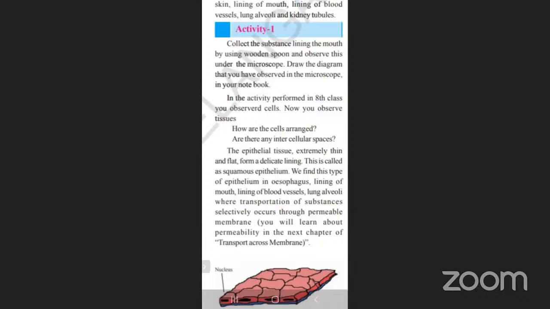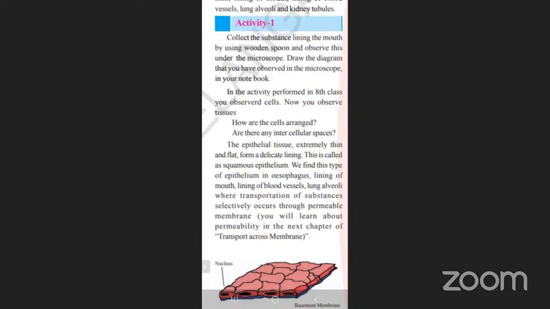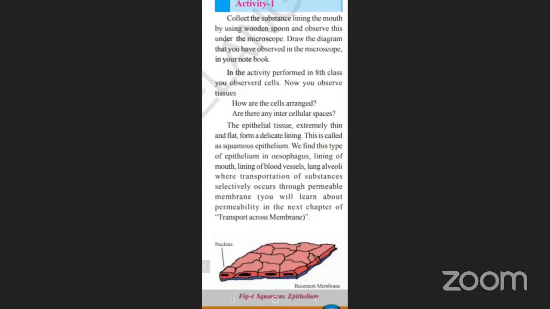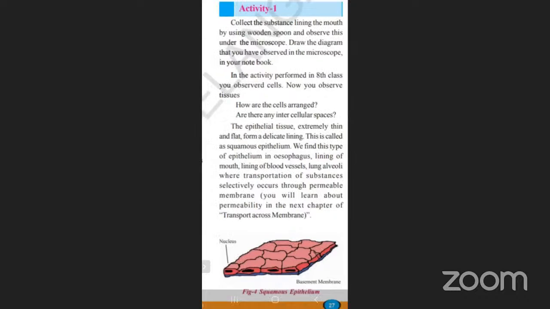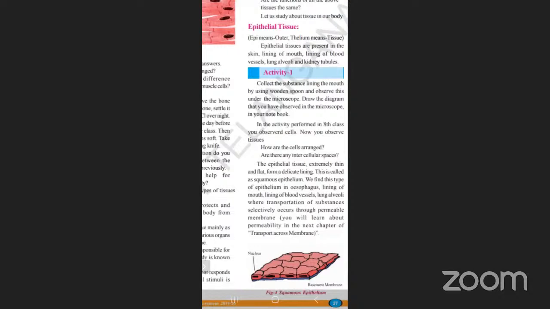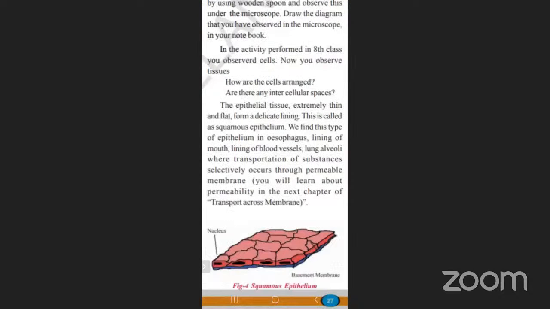We find it in the esophagus, lining of mouth, lining of blood vessels, lung alveoli, where transportation of substances selectively occurs through a permeable membrane. You will learn about permeability in the next chapter, transport across membrane, but you need not wait until then, so I would like to give some idea about the selectively permeable membrane.